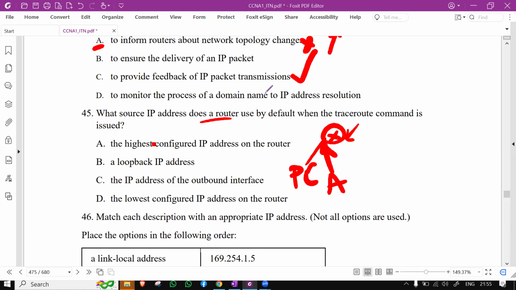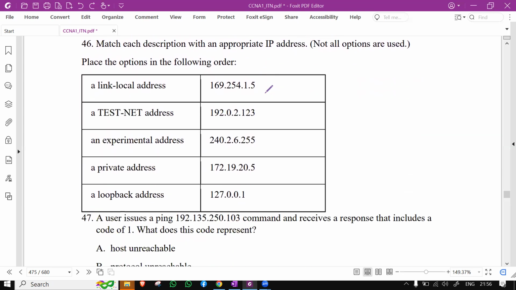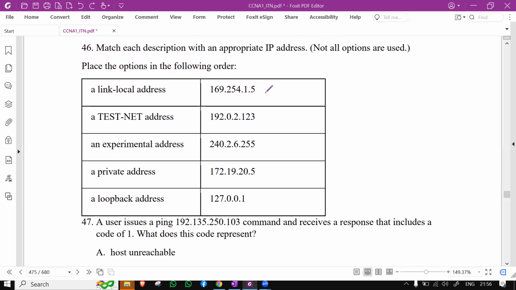Okay. I have a lot of questions here, but let's go on: interface B, inbound from incoming communication. Okay, still got a lot of questions. Now let's try to finish this. Don't want to talk about inbound and outbound. A link local address. Okay, these ones are already in order.